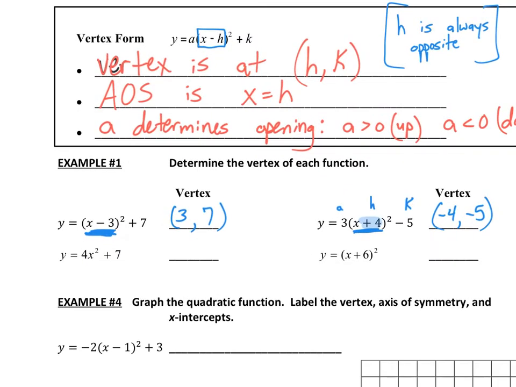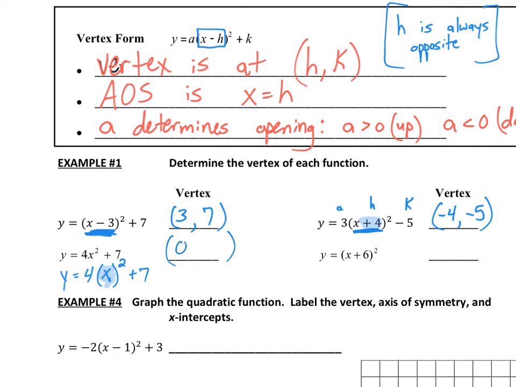In the bottom left, if we rewrite this with parentheses, it would look like this: 4 times (x minus something) squared plus 7. What number is really being subtracted from x inside the parentheses? You're probably thinking there's nothing subtracted from x, so what number means nothing? 0 does.